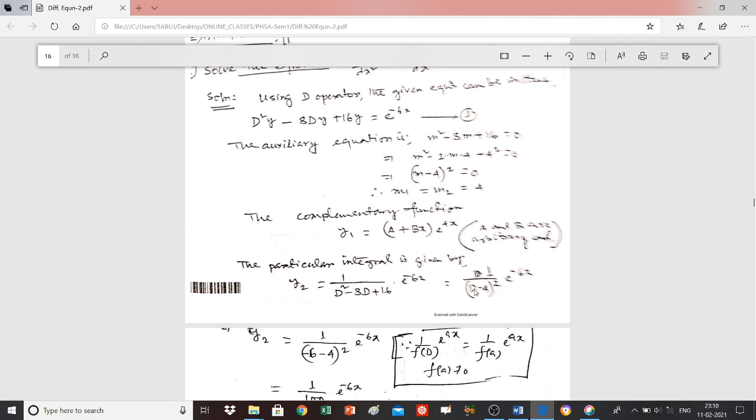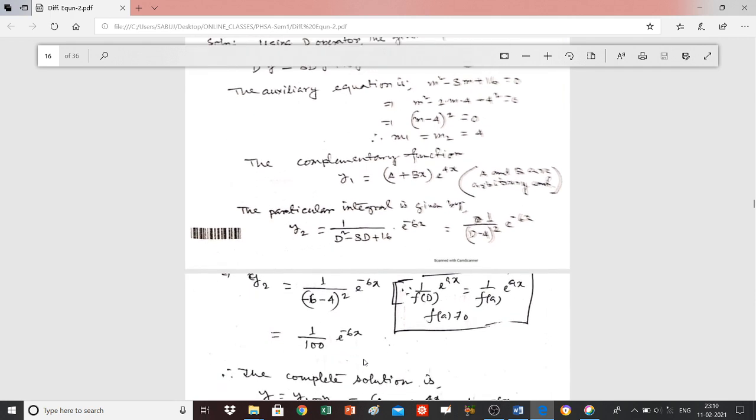If you replace D by minus 6, f(a) is not equal to 0, so it can be applied in this case. So y2 is equal to 1 by (minus 6 minus 4) whole square e to the minus 6x, that is equal to 1 by 100 e to the minus 6x.